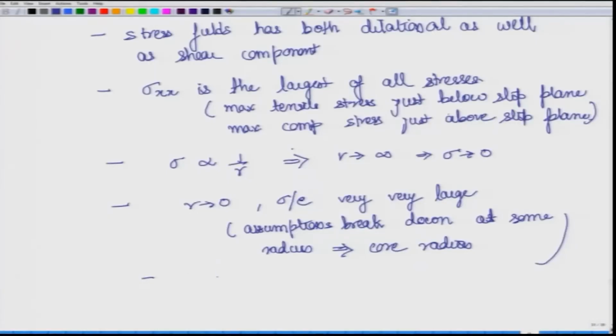So, dislocation is equal to core plus elastic. If this is a dislocation line, there is just some small radius, approximately 1 nanometer, there is the core, and beyond this is the elastic field.